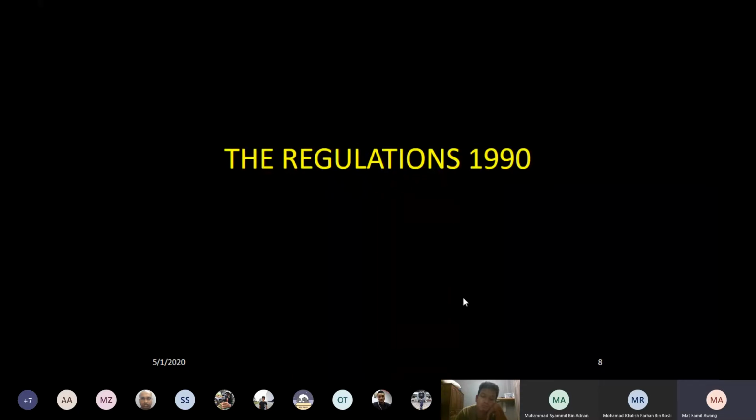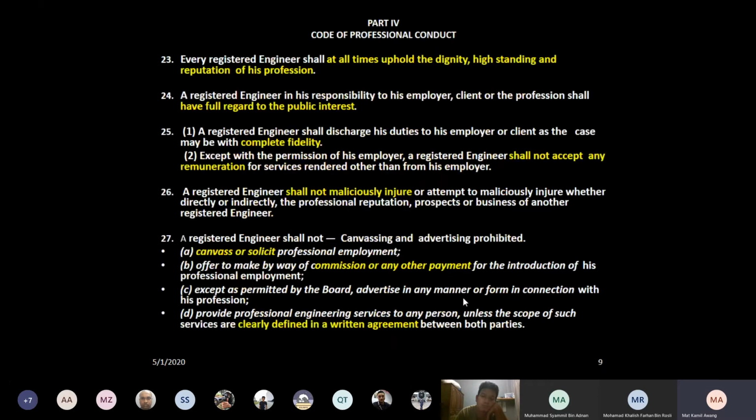So now we go to the Regulations of 1990. The important part is Part 4, which is with regard to the Code of Professional Conduct. This regulation spells out what you can do and what you cannot do. So I take the part which is more important for this course, which is the Code of Professional Conduct.